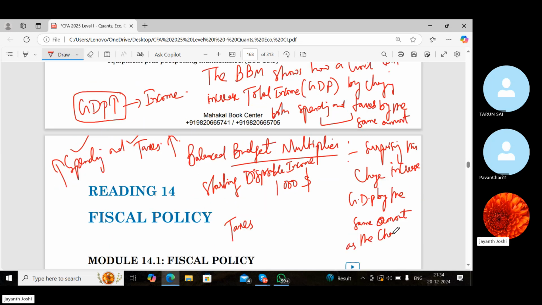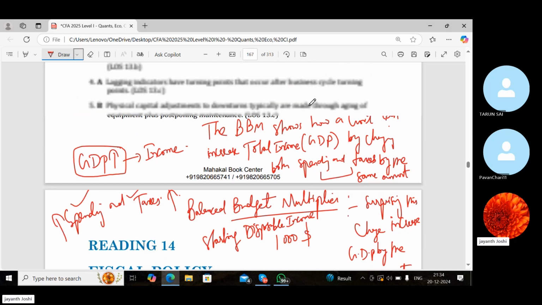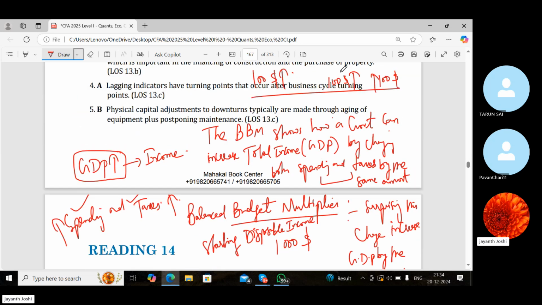As the change in spending or taxes. That means if they're increasing their spending or taxes by $100, GDP will also increase by $100. Finished. So spending increased by $100, taxes increased by $100, GDP increased by $100. Same. That is balanced budget multiplier. We'll see an example right now and prove this point.